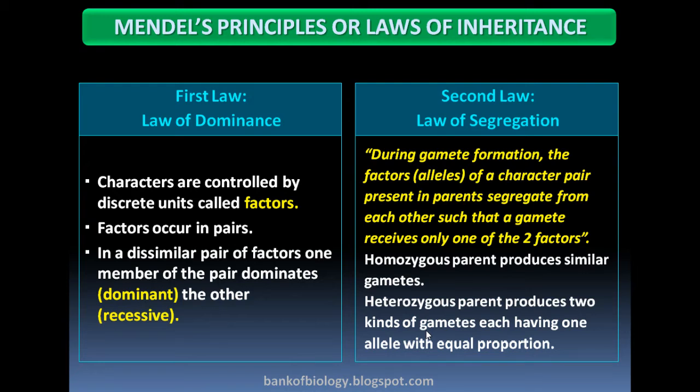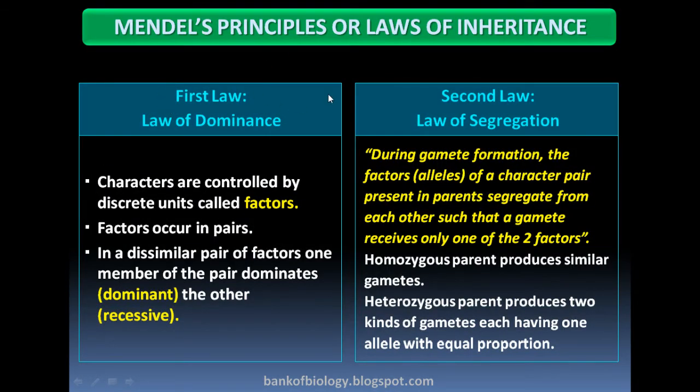And based on the monohybrid cross, Mendel formulated two laws of inheritance, or two principles of inheritance. We are getting here the name of our chapter, that is principles of inheritance.